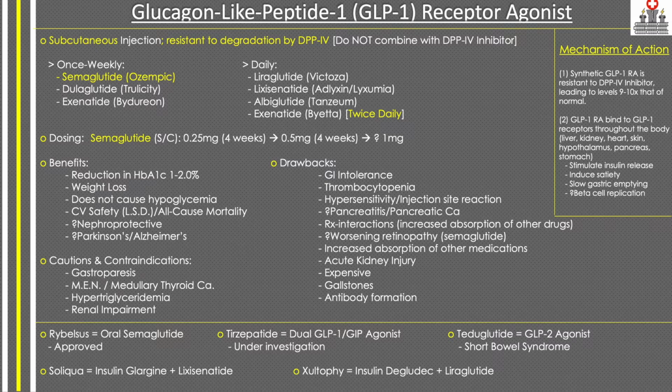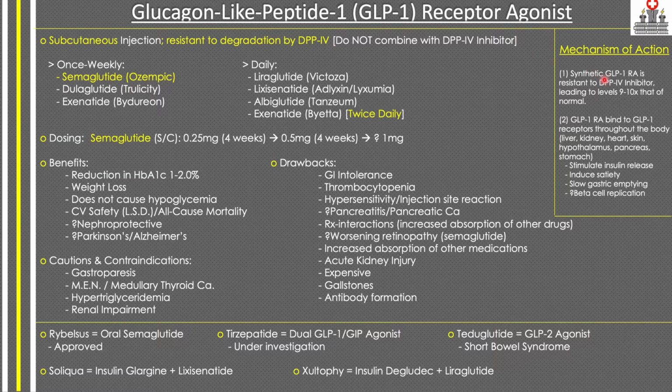Now, besides the side effects, if we were to combine a DPP4 inhibitor with a GLP-1 receptor agonist, another reason why it would be quite frankly useless is that GLP-1 receptor agonists are synthetically created to be resistant to DPP4, and hence there would be no benefit of giving DPP4 inhibitors, as these drugs are naturally resistant to the degradation anyways.